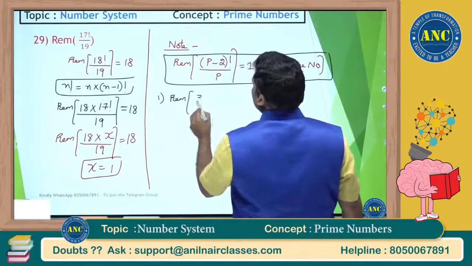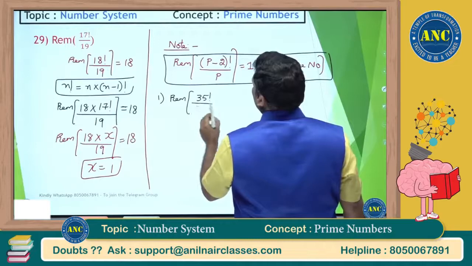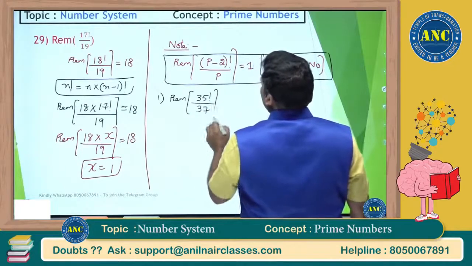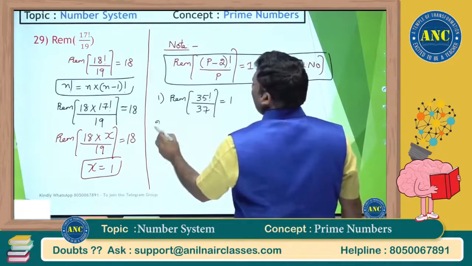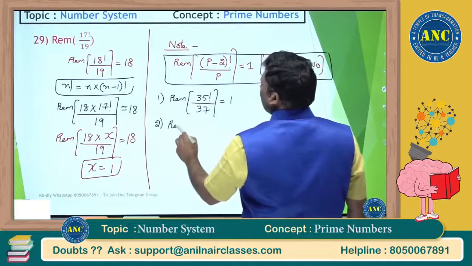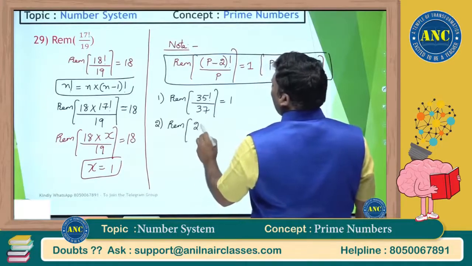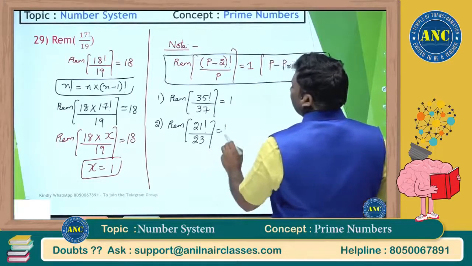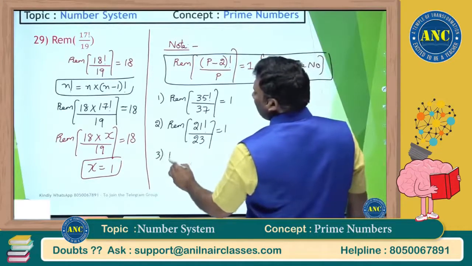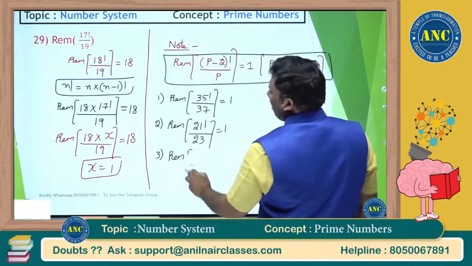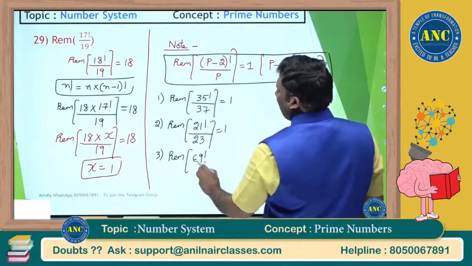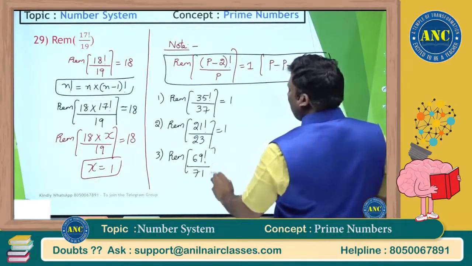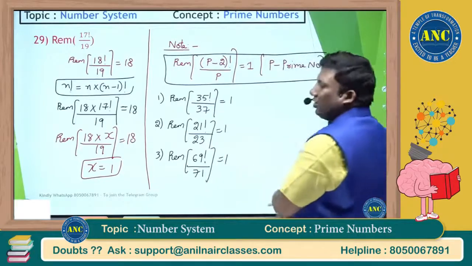If the question is 35 factorial by 37, remainder it is 1. 21 factorial by 23, remainder it is 1. 69 factorial by 71, it is also 1.